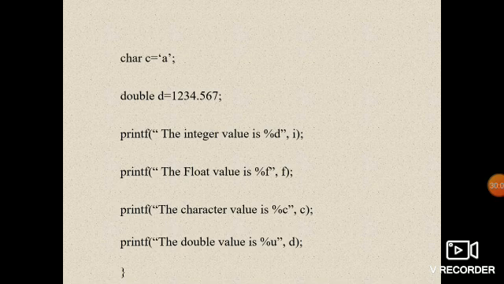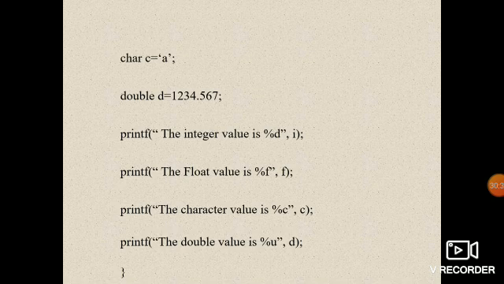This is the output you will get. I will have 10, F will get 12.5, and the C value A. The char has to be represented with single quotes, whereas a string, a group of characters, has to be enclosed with double quotes.